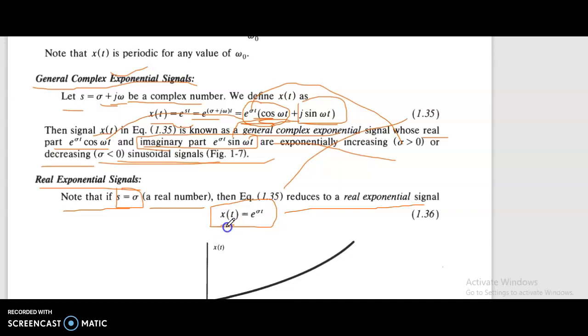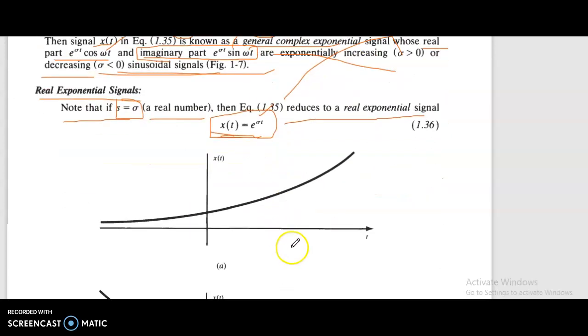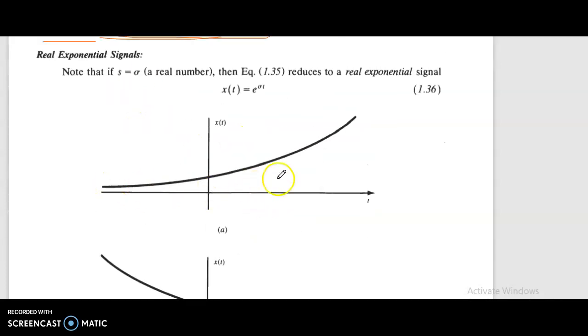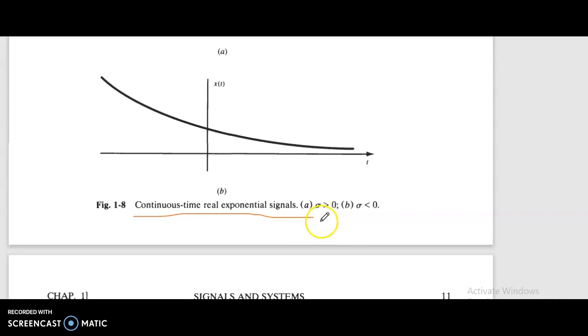These are continuous time real exponential signals.